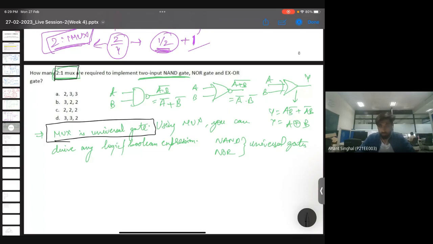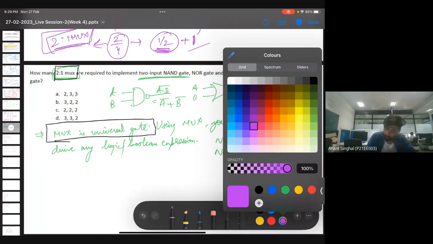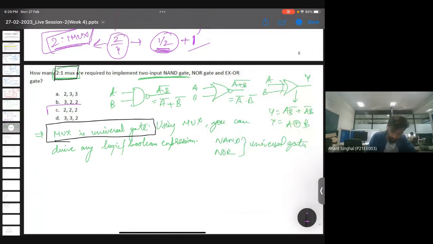I hope you are trying this. Someone has already solved option C, I guess. We'll check. One of them is answering option C. Is there any other answer? I'll give you 2 more minutes. Don't worry.